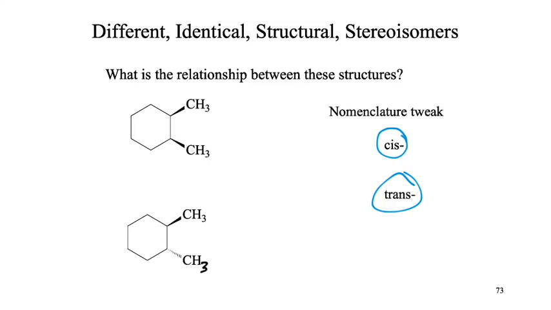Both methyls are connected to position 1 and 2. The difference is spatially, this CH3 is aimed the opposite direction. Okay? Which means these two are stereoisomers of each other, not structural. Within that stereoisomer category, you will also encounter things like this.